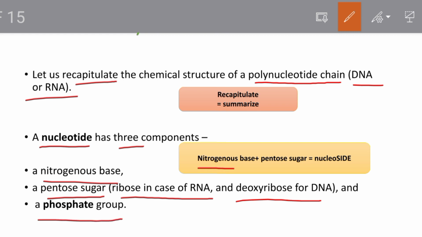Remember that nitrogenous base plus pentose sugar is nucleoside, and nitrogenous base plus pentose sugar plus phosphate group is nucleotide. So when you add phosphate group to nucleoside, it becomes nucleotide.